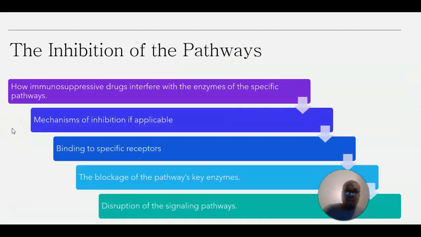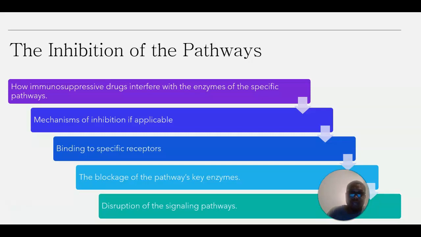When talking about the inhibition of the pathways, the immunosuppressive drugs will interfere with a certain enzyme within a specific pathway. Depending on what pathway it is, it really depends on what the disease is, as long as it's something that is affecting the immune system.